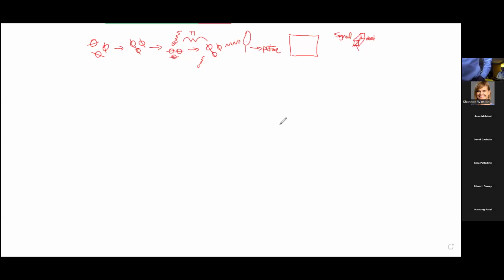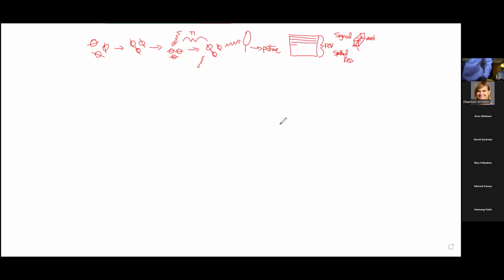So how many protons do we have in there? That's our signal. Then we also talked about the spatial resolution. In the spatial resolution, we had our field of view, and then how many lines we're going to put in there.